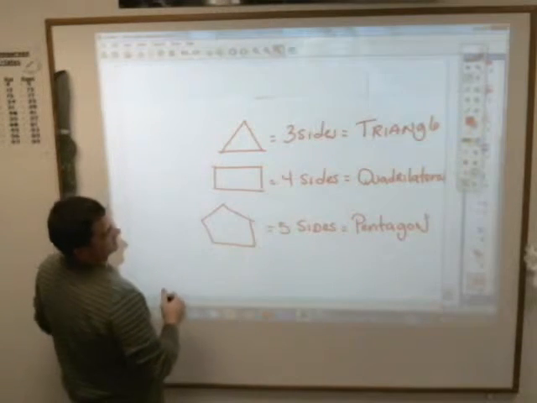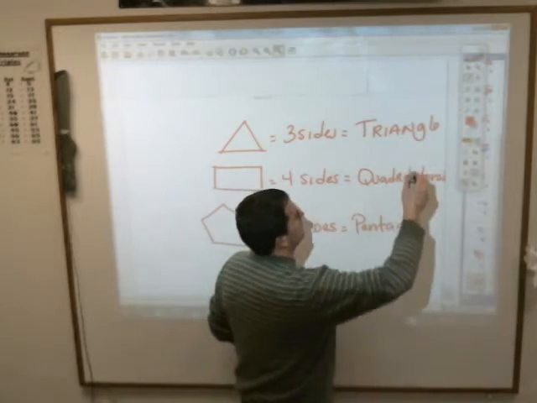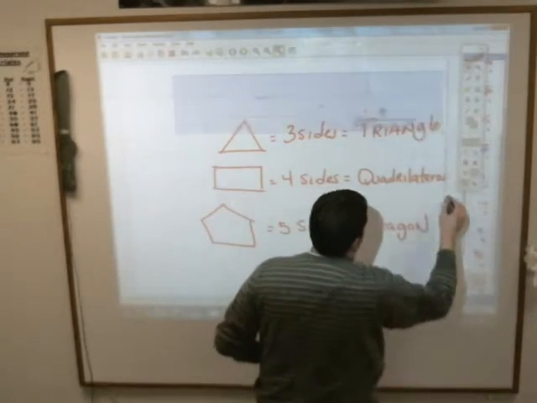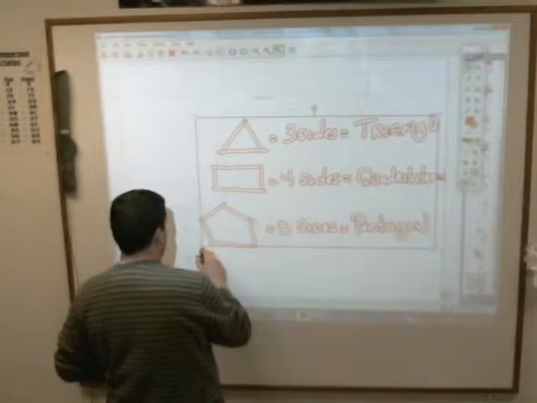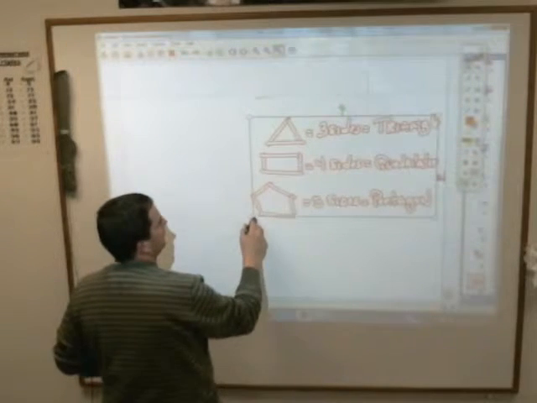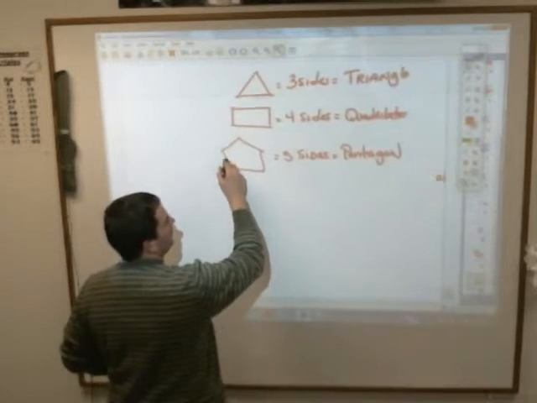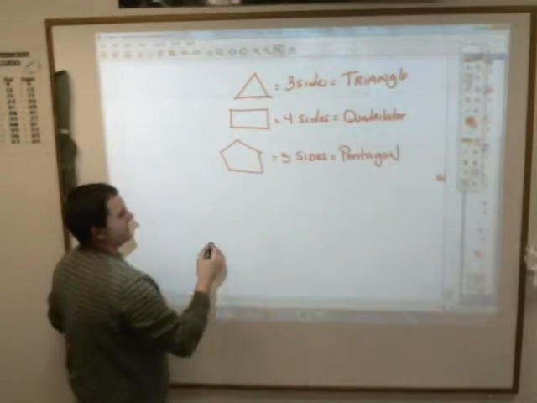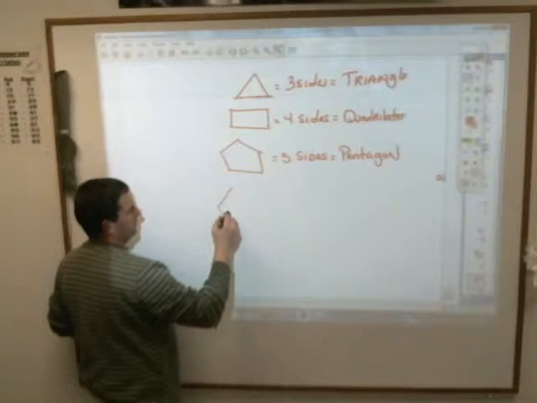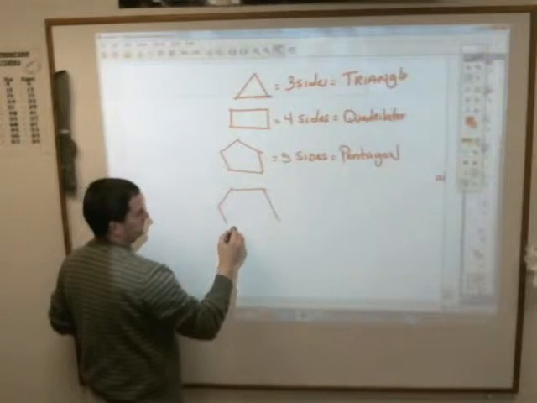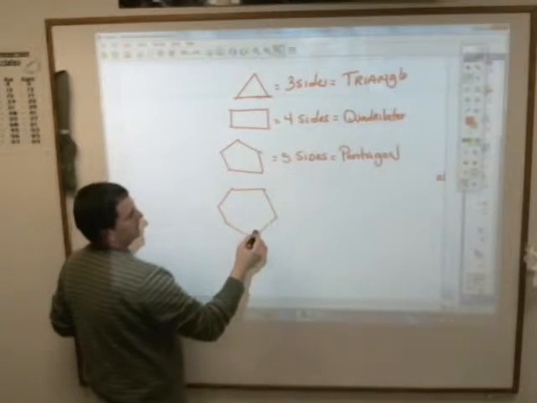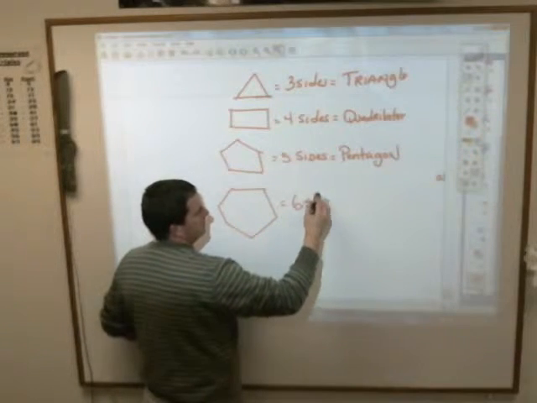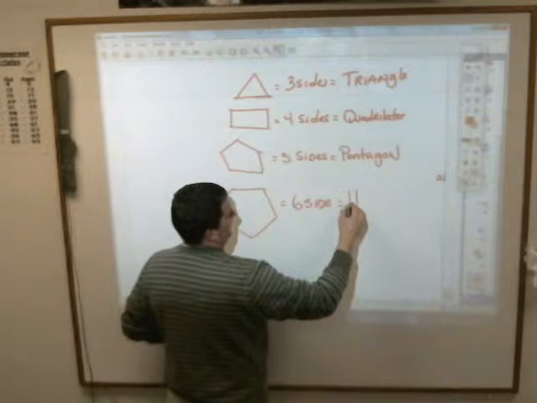If something has six sides, 1, 2, 3, 4, 5, 6. A six-sided shape is a hexagon.